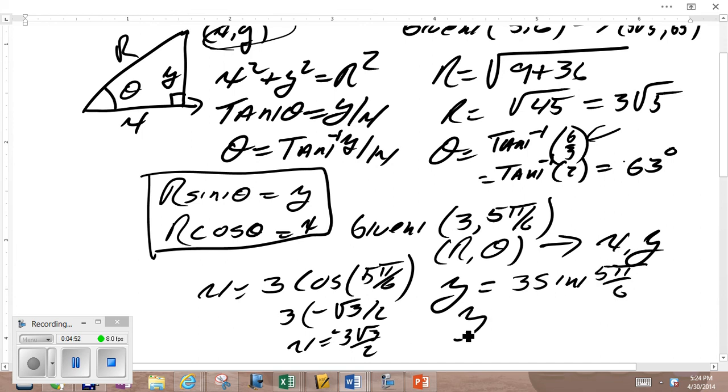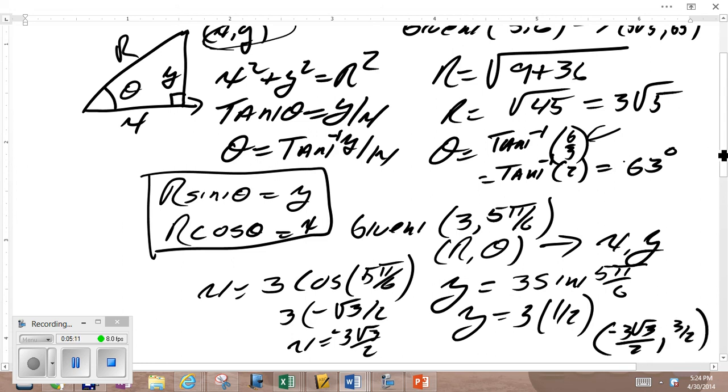Again, 5 pi over 6 is in the second quadrant, where sine is positive. It's 1/2, so 3/2. Our point is (-3 root 3 over 2, 3/2). That's the rectangular equivalent of (3, 5 pi over 6).